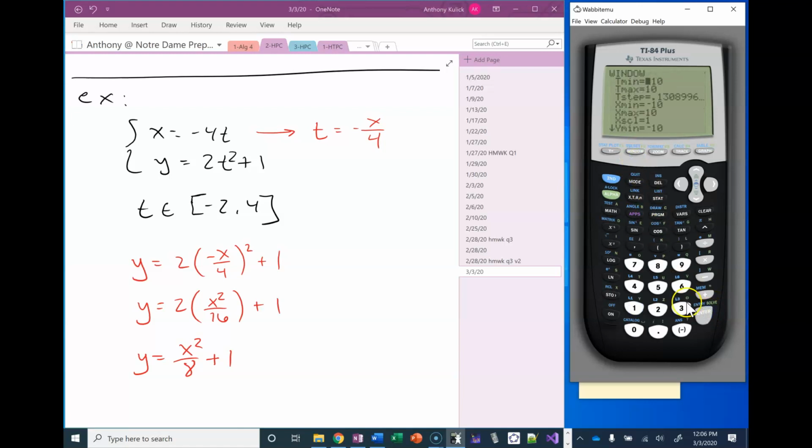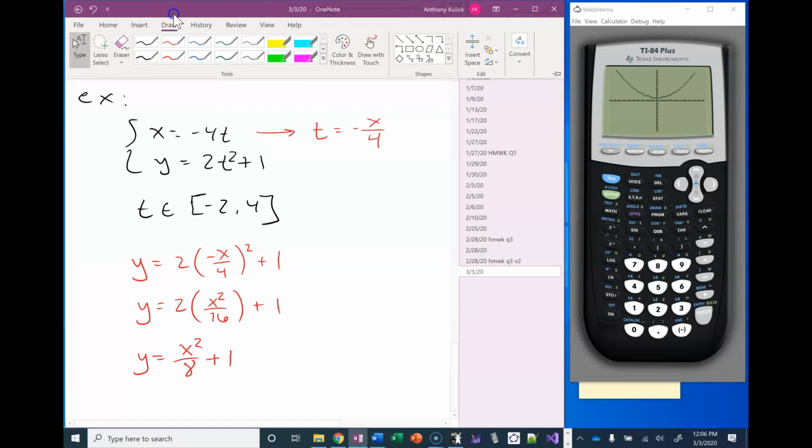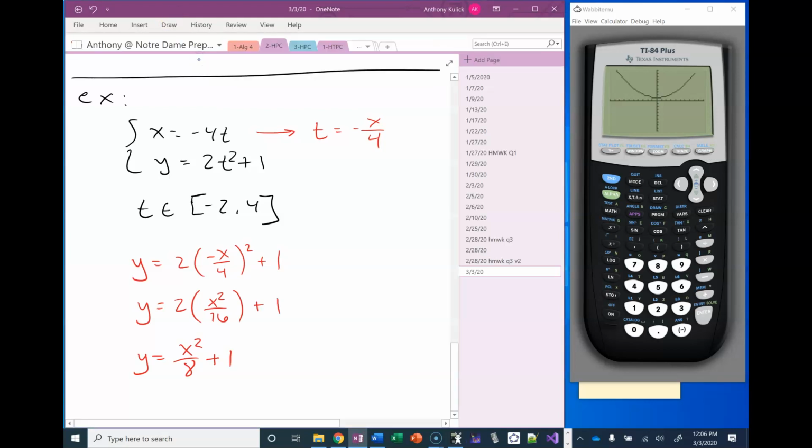Let's fix our window, or our interval, I guess I should say. Looks like a parabola to me. What do you guys think? So that's good. What's the domain and range for this going to be?